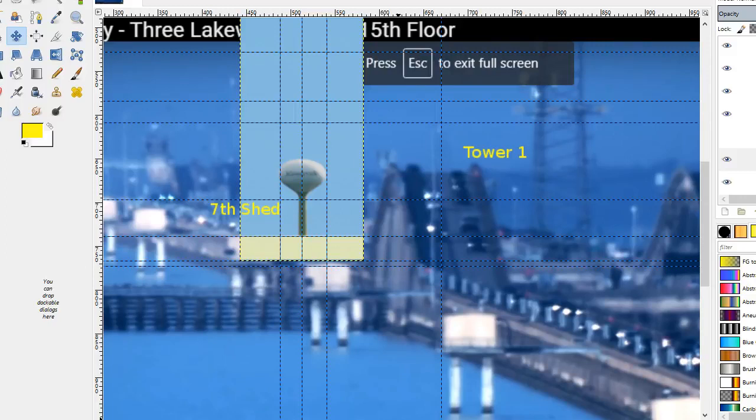Date? Yeah, I'll check again here. It's the 10th of December 2017 from the 15th floor of 3 Lakeway Center.